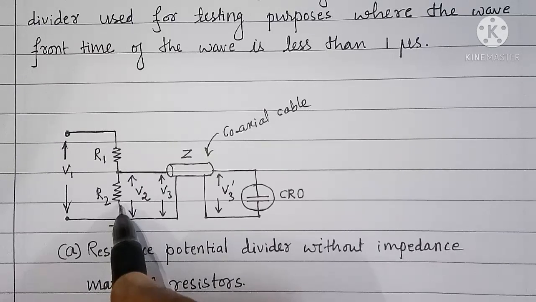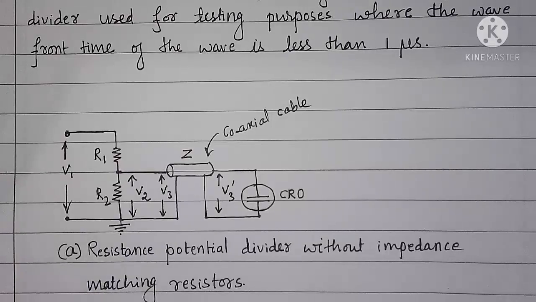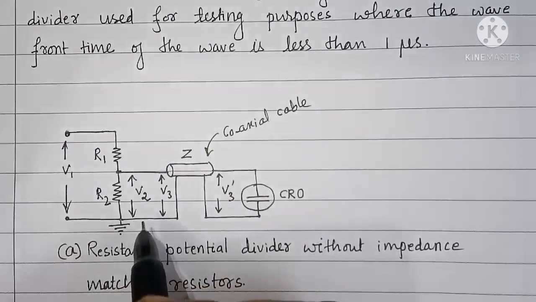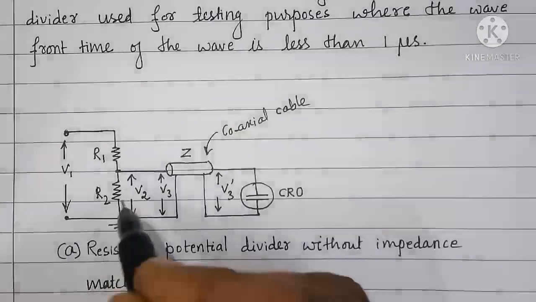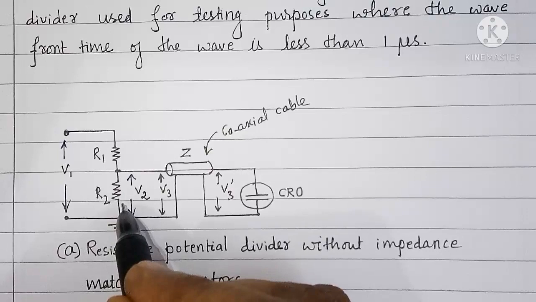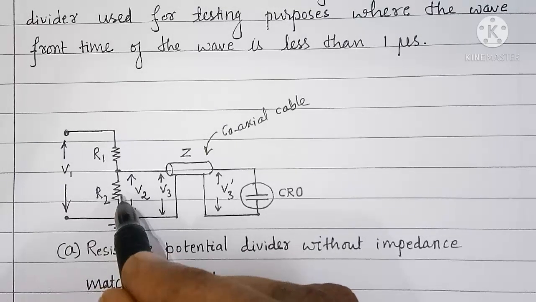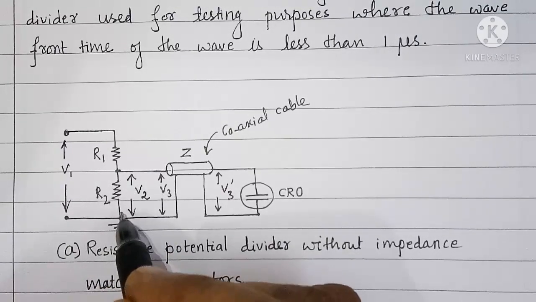Since the reflected wave is twice the voltage V2, that is incident voltage, the low voltage arm of potential divider will have to suffer because it is designed for V2, and double of that voltage is going to appear across it.